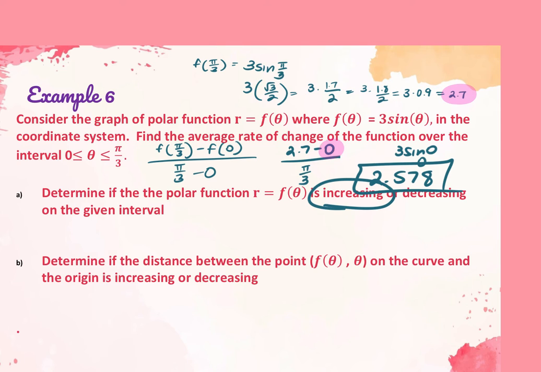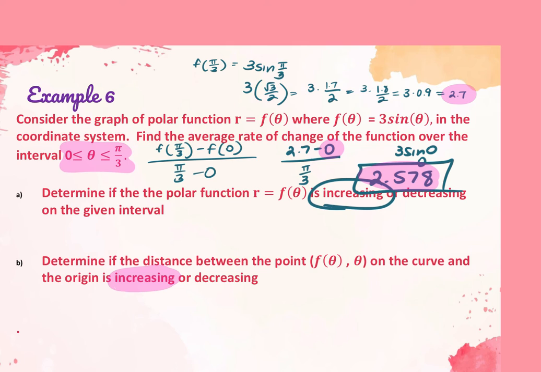F of 0? 0, which could count as positive or negative, right? So are the values between 2.7 and 0 positive or negative? Positive. And what's happening between 2.7 and 0? You're going this way, right? It's increasing, which makes sense because our rate of change is positive. So if they're positive and increasing, what's happening to the distance from the origin? It's increasing.